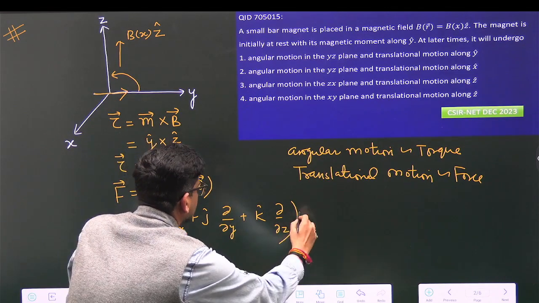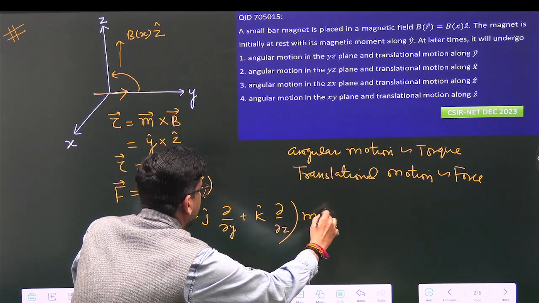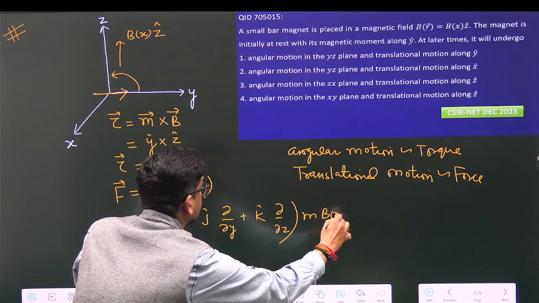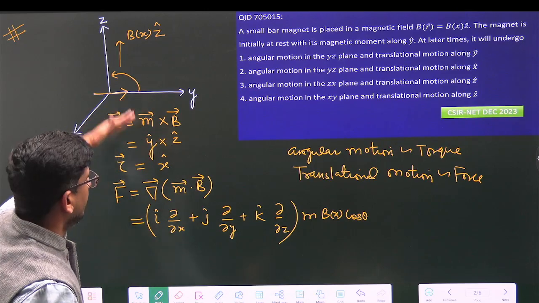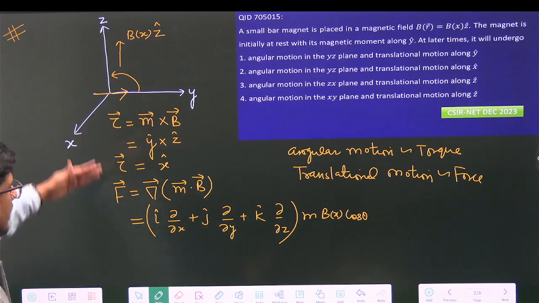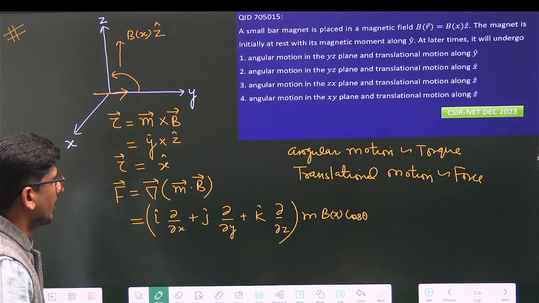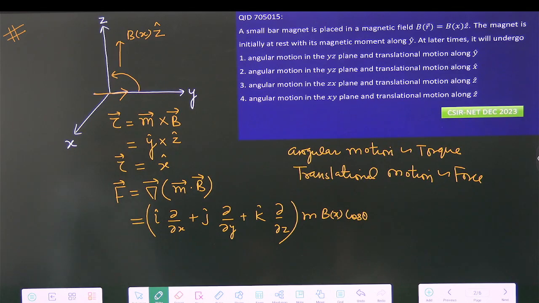So we will have some m and b, don't forget, is Bx and some angle cos theta, okay? Any angle, any small angle, or after that also some angle will come, not zero.